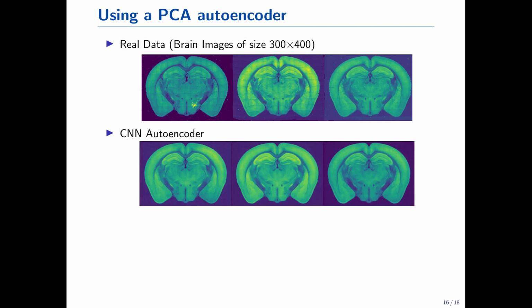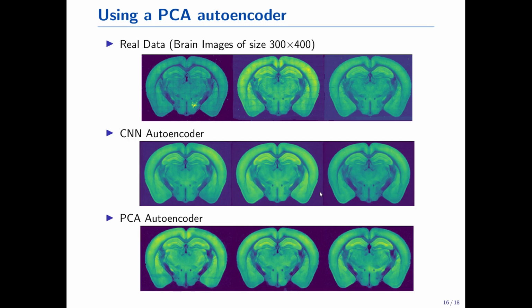To alleviate this issue, we can incorporate a PCA autoencoder. The two-step learning approach enables us to incorporate the PCA autoencoder in the framework, and as we can see, we can get very sharp reconstructions with this approach, and therefore the generated data is also very sharp looking and very detailed.